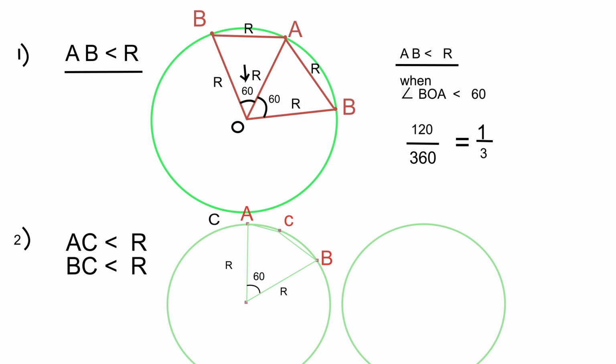So from this guy, we basically get a scenario of 60 degrees over 360, which is 1/6. 1/6 is basically the probability of this scenario and this criteria.